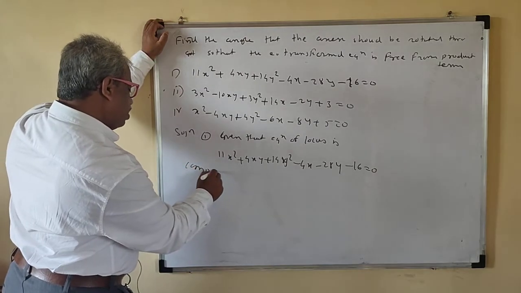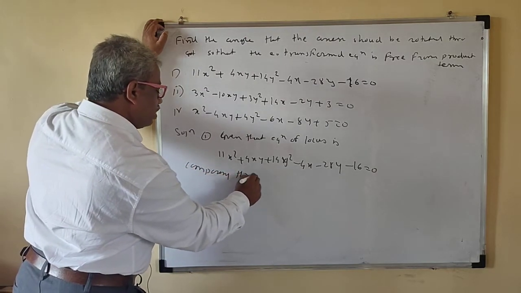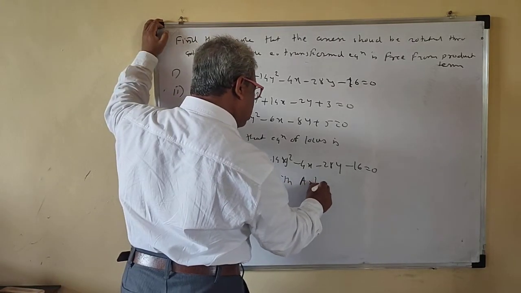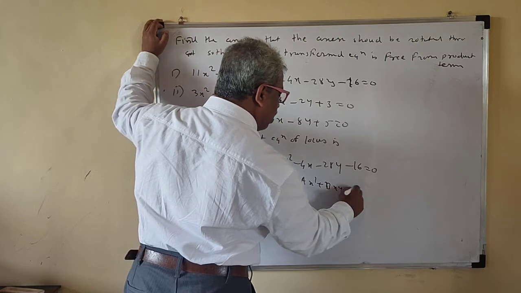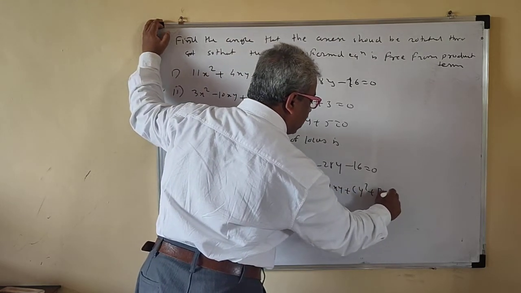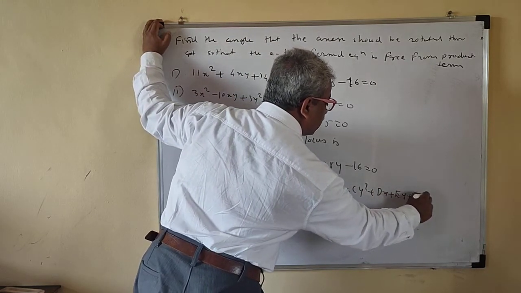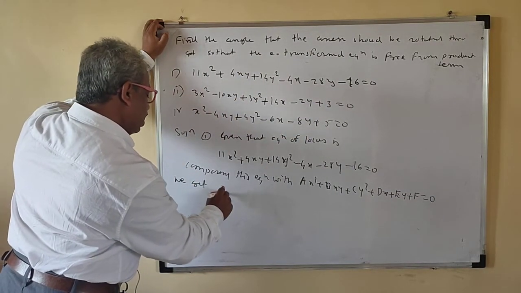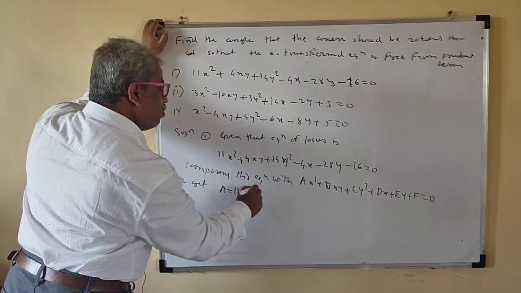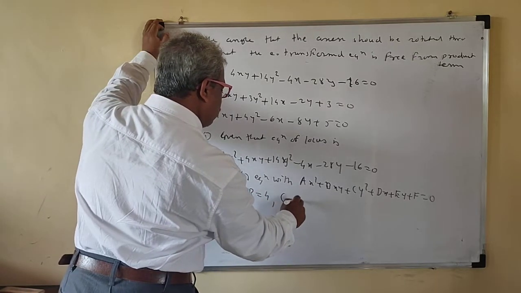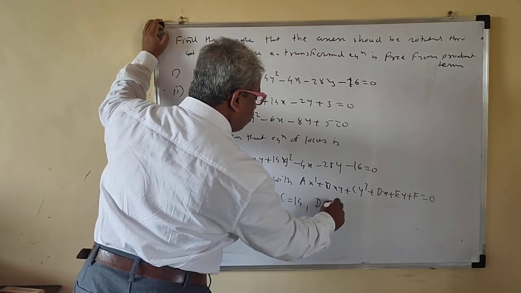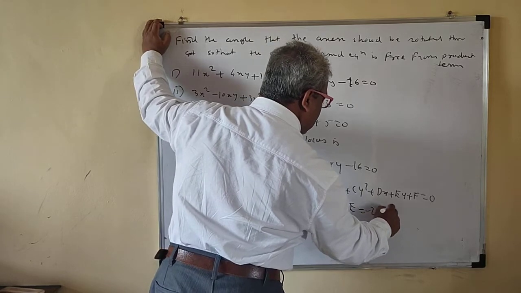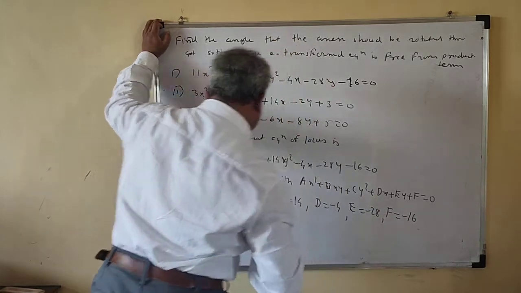Comparing this equation with ax square plus bxy plus cy square plus dx plus ey plus f is equal to 0, we get a is equal to 11, b is equal to 4, c is equal to 14, d is equal to minus 4, e is equal to minus 28, and f is equal to minus 16.